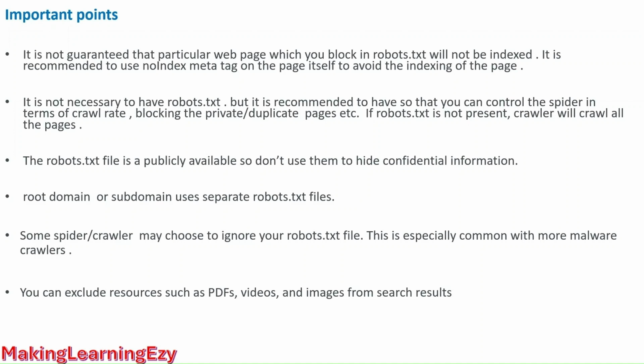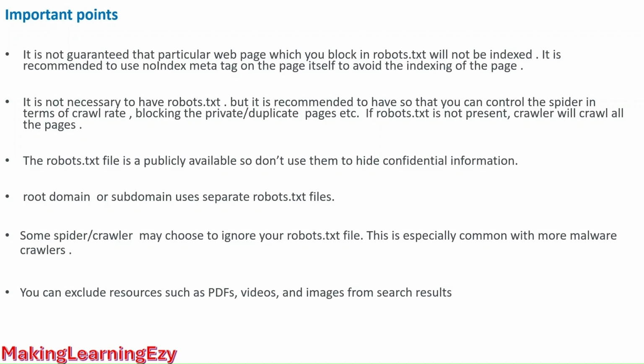So you are blocking the crawler from crawling that PDF, but anyone who sees that robots.txt can go and access the file in the browser. So such kind of information we should not put in the robots.txt. Root domain or subdomain uses separate robots.txt files.